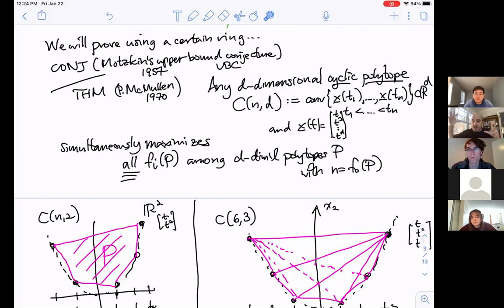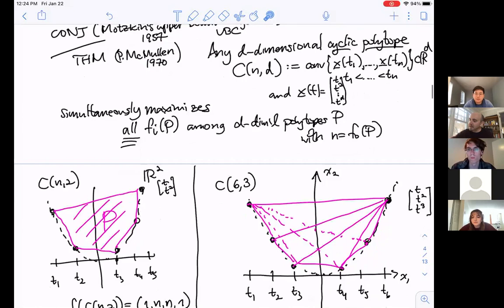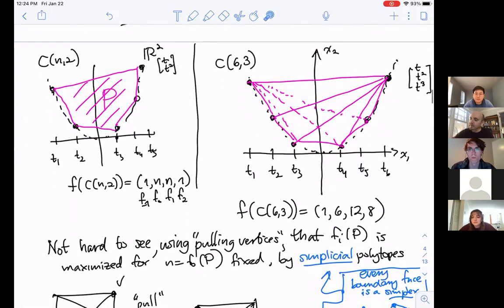And Motzkin thought that their convex hull, which look like these pictures, like the two-dimensional cyclic polytopes look like these polygons with vertices on the parabola t squared. And the cyclic 3-polytopes have vertices on this twisted cubic curve, and they look like this kind of clamshell picture that I drew here, with these top faces and these faces underneath that we can't see.